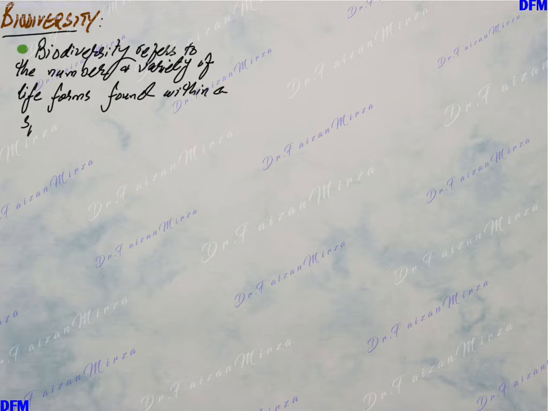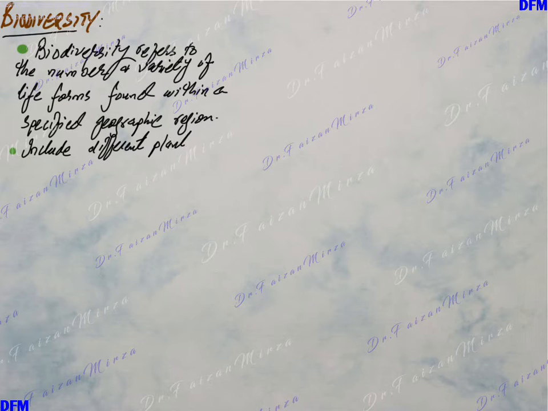When we are discussing biodiversity, what actually is biodiversity? Biodiversity refers to the variation or the diversity in the life forms, and it basically accounts for the number and variety of life forms present in an environment or found within a specific area. The area can be defined by a geographic region.